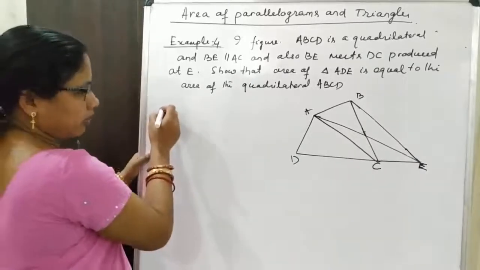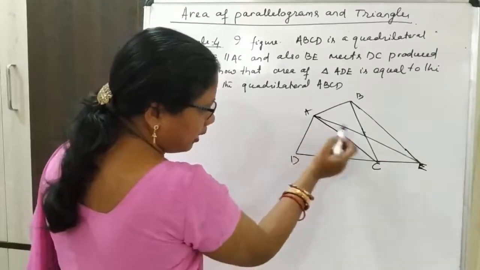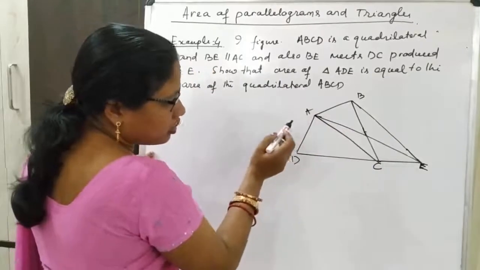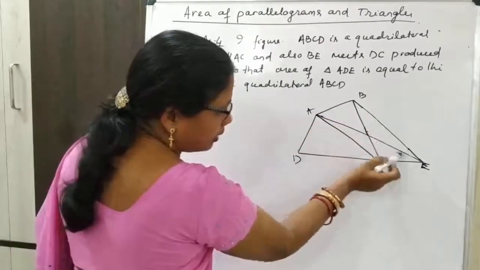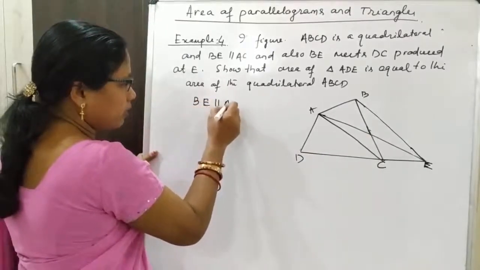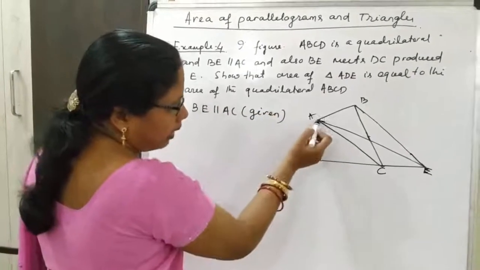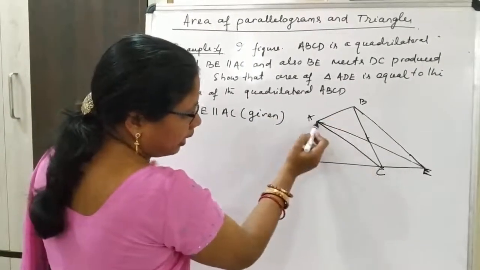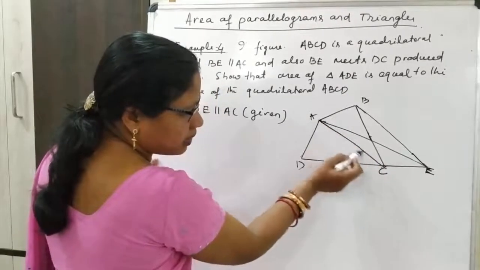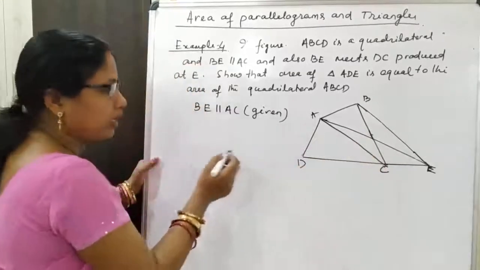So here we have to find the area of triangle ADE and area of quadrilateral ABCD. Look at the figure, it is given that BE is parallel to AC. And ABC is a triangle and AEC is another triangle. These two triangles have the same base AC and they are in between the same parallels BE and AC.